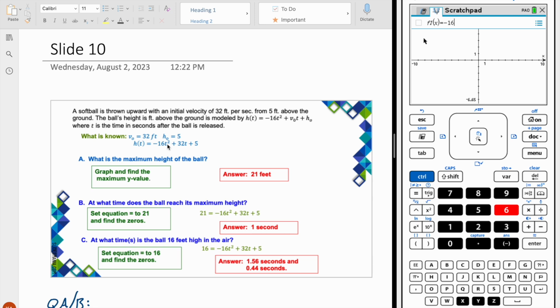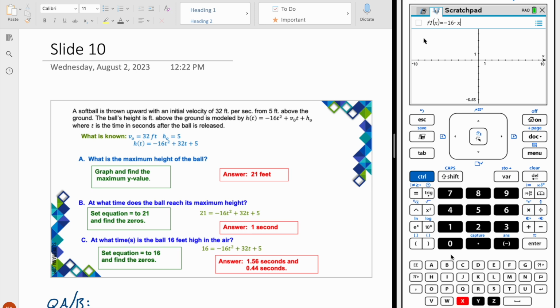You will also need to be able to separate these two terms away from each other. So the negative 16 is separate from the t squared. We do that with a multiplication sign. Once we hit that multiplication sign, it tells the calculator that negative 16 is different than t squared. We are going to have it in the same term, which is why we're multiplying against each other, but it has to be separate.